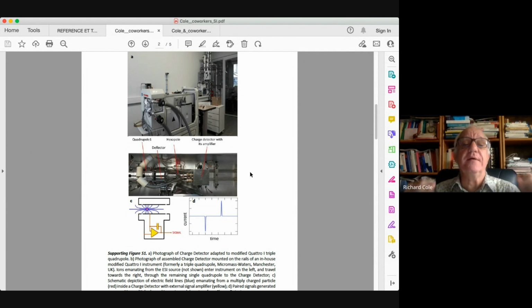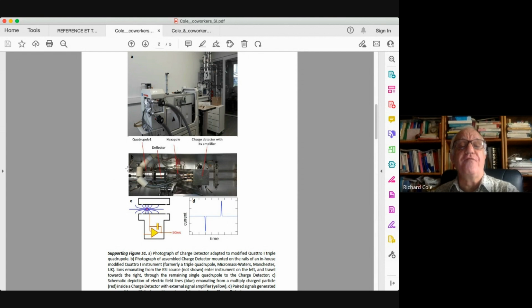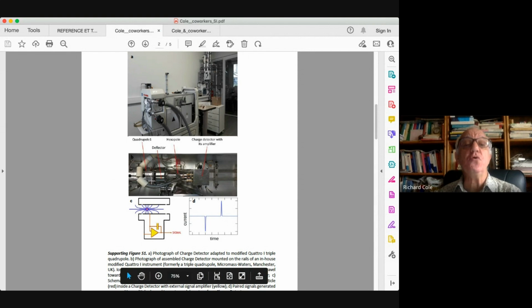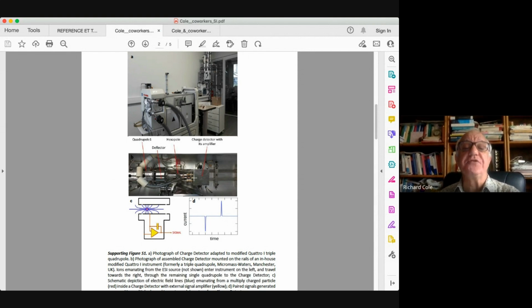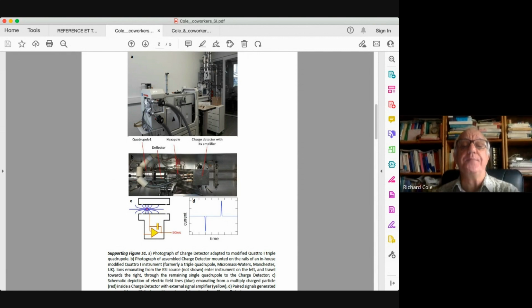There's a window there into what was the triple quadrupole, and what's not shown here is a Z spray source from Micromass, and then we have the original first quadrupole and the charge detector installed behind it.